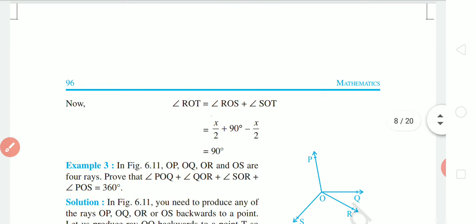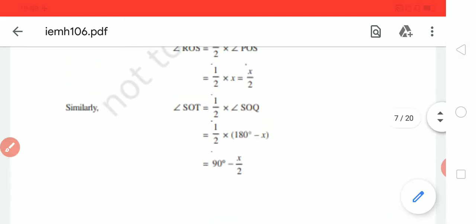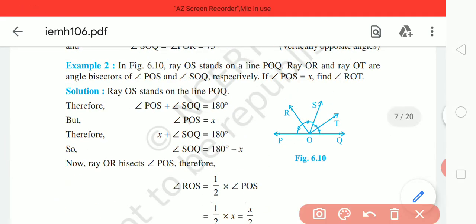Now we know that ROT is the sum of ROS and SOT. Let me show you in the figure. This is your ROT. It is the sum of ROS and SOT.